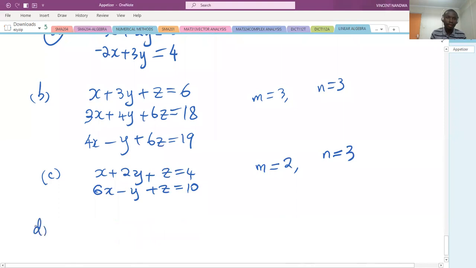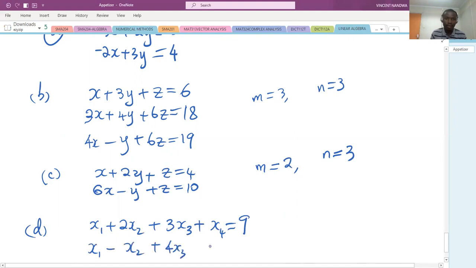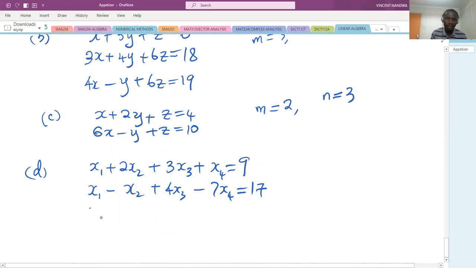And then D, we can say x1 plus 2x2 plus 3x3 plus x4 equals to 9, and say x1 minus x2 plus 4x3 minus 7x4 equals to 17, and say x1 plus 3x2 equals to, say, 10.